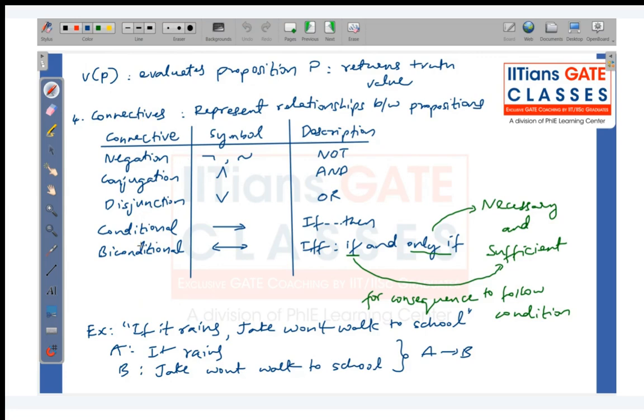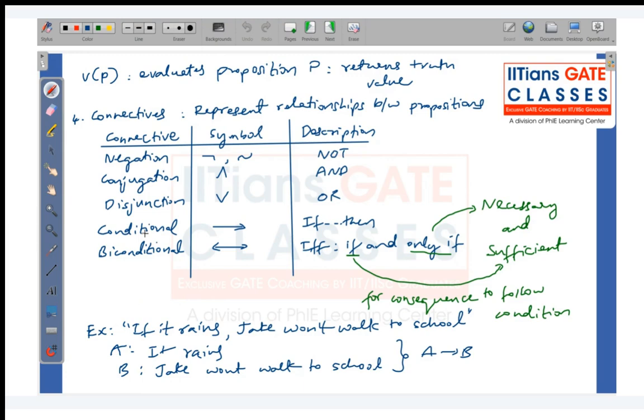These 4 I can put on another side based on one property. How is negation different from these 4? Conjunction, disjunction, conditional, and biconditional.